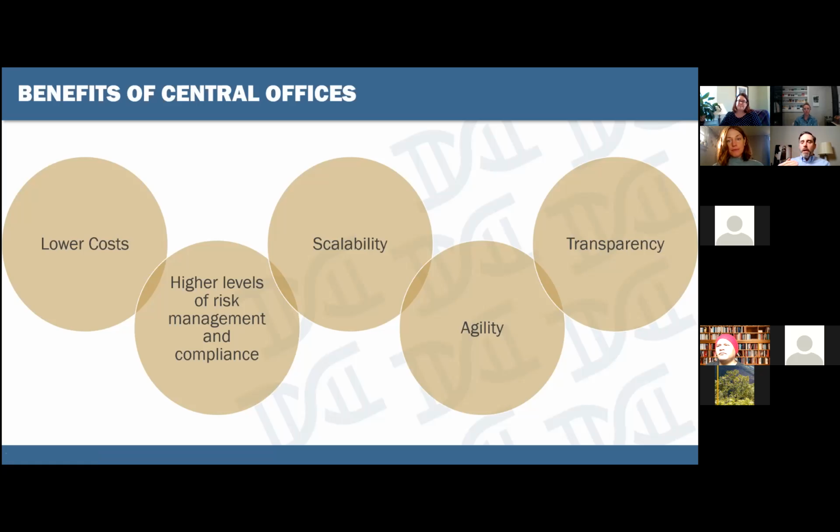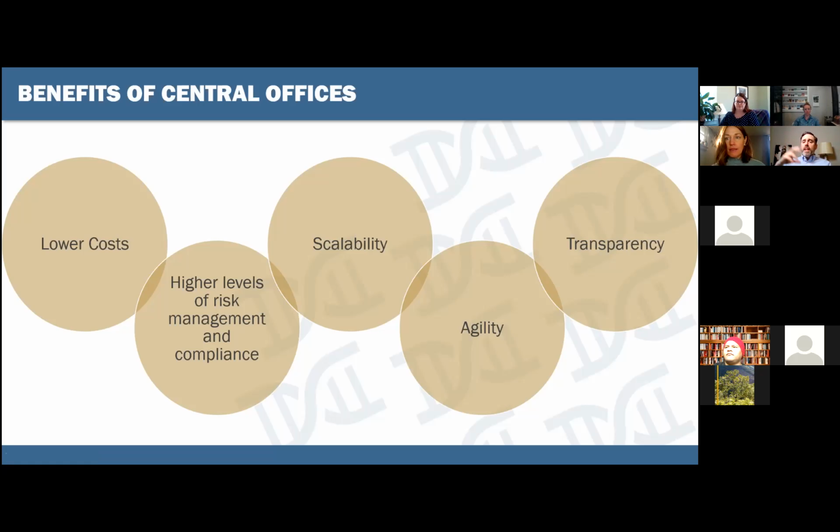If you have a change in policy, you only have to inform a handful of people in the central office to make sure that rule is followed. You don't have to try to inform hundreds of administrators across the institution or even dozens. You just have to make sure that a few people in the central office are aware of it.